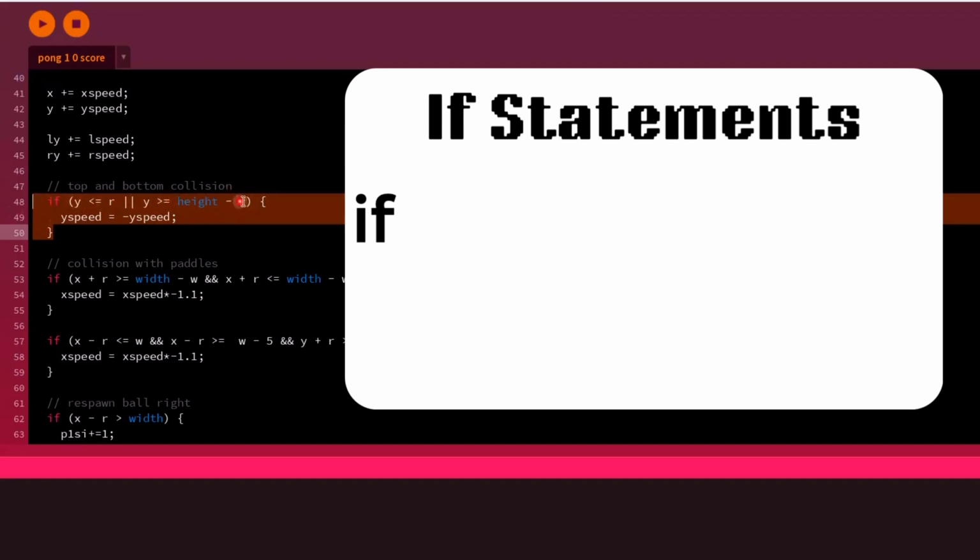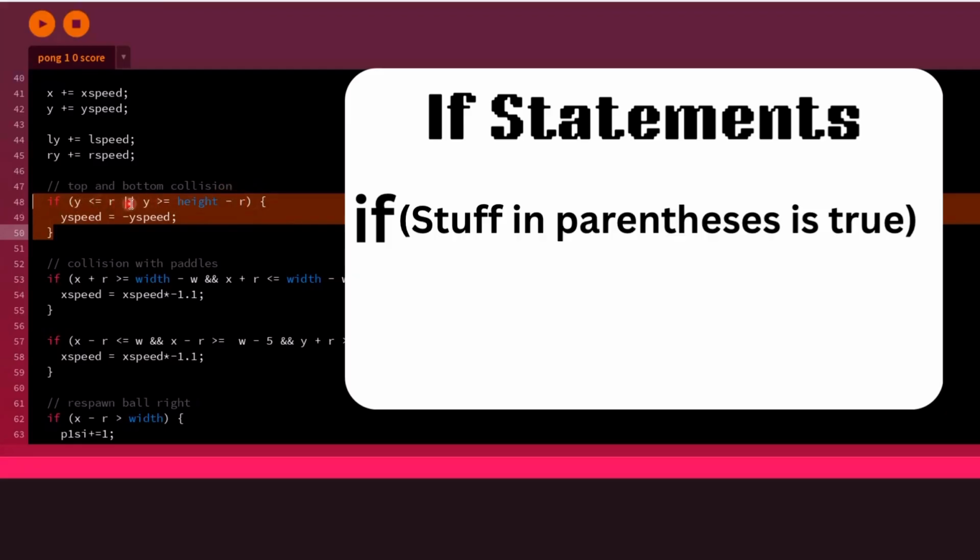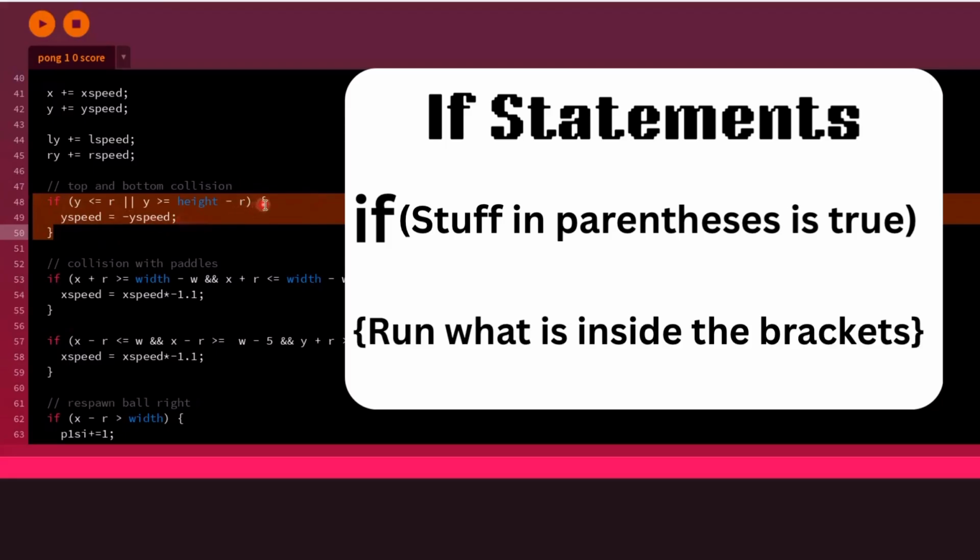So if the statement in the parentheses is true, then complete the thing in the bracket that is contained by the bracket. So this bracket and this bracket. And so if this is true, then set Y speed equal to -Y speed.